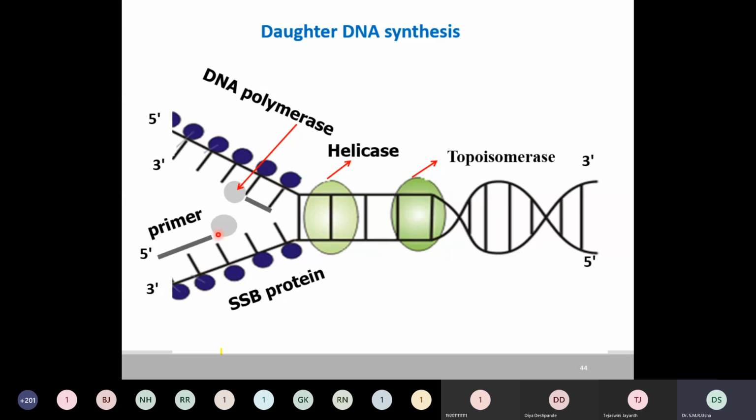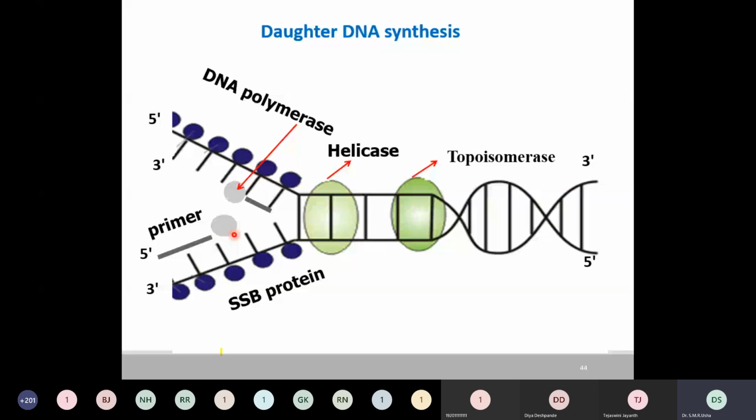And each time a nucleotide is added, a pyrophosphate is released. So though the substrate is a triphosphate, what is incorporated is a monophosphate. As I told you, DNA is composed of monophosphates.